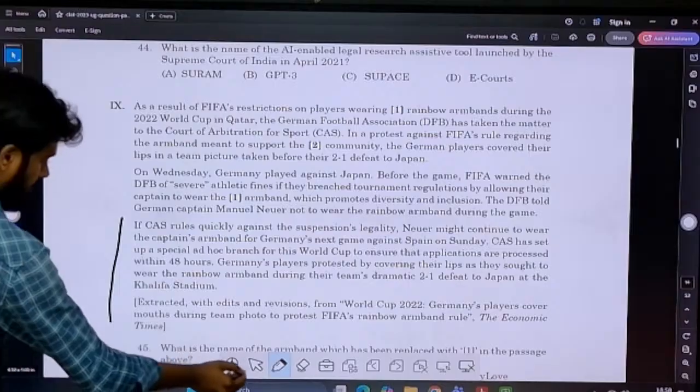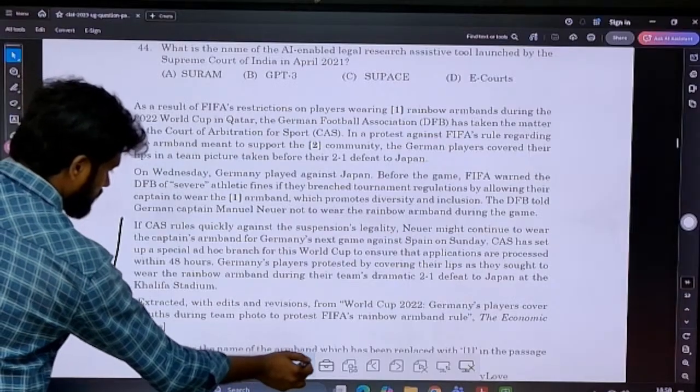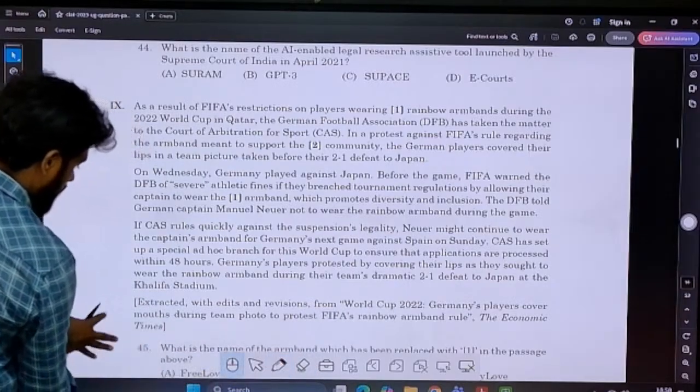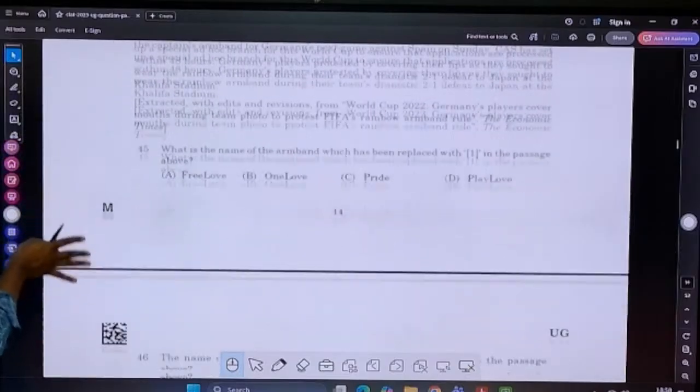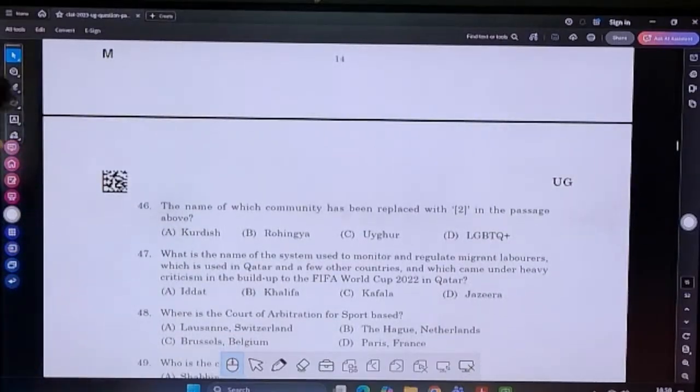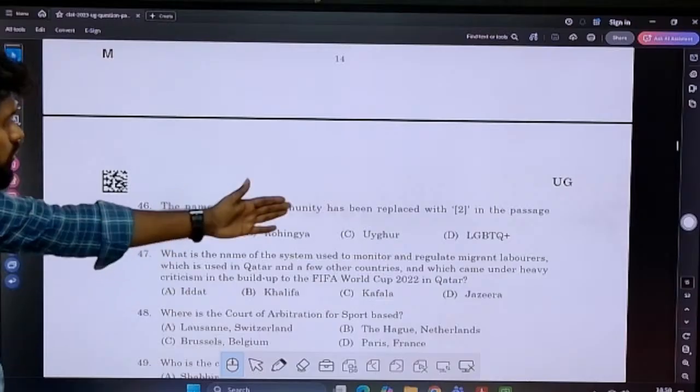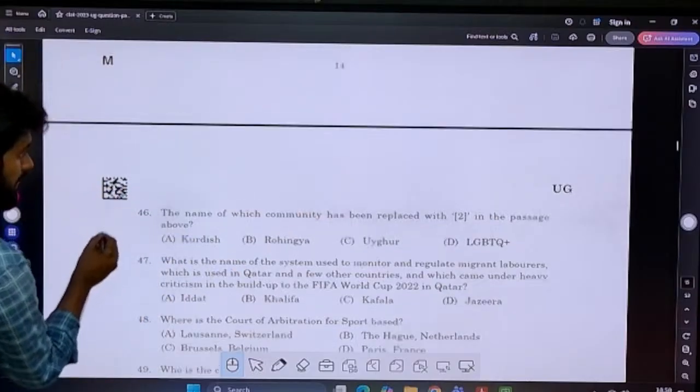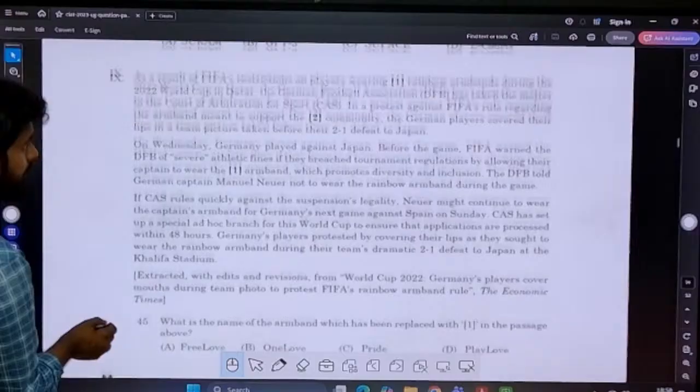Next one. The first question is: the name of which community has been replaced with two in the passage above? Let us see what the two is here.